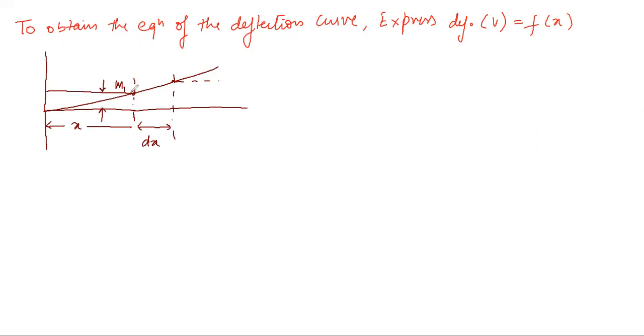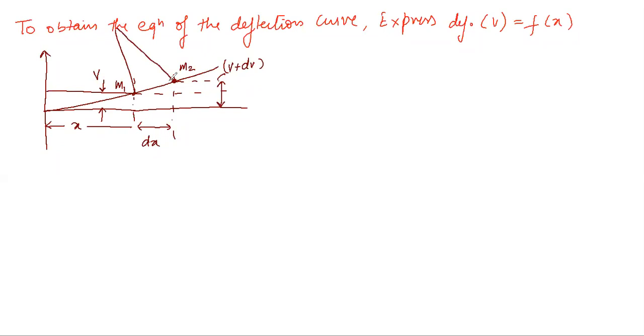So the m1 point denotes a deflection of v at a distance of x, right? Similarly, there is a point m2 which is away from m1 at a distance of dx, and this m2 has deflection v plus delta v, right?